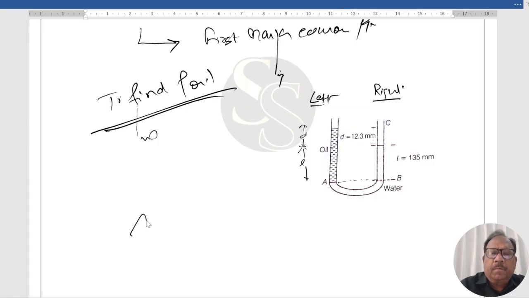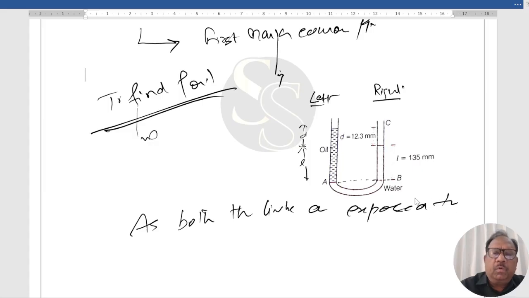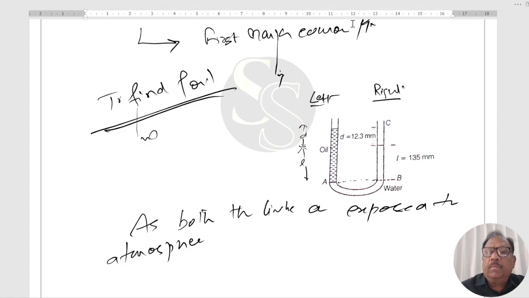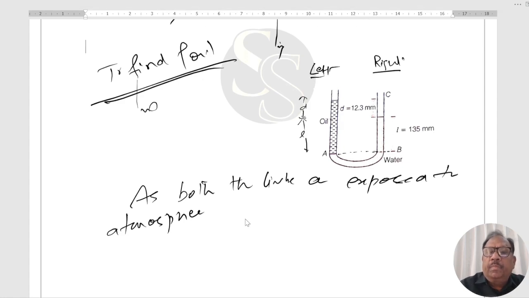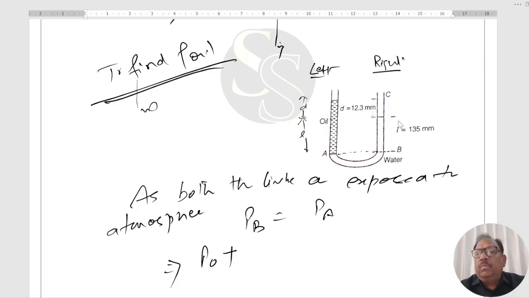Now, as both the limbs are exposed to atmosphere, therefore PB equals PA, that is P naught, atmospheric pressure, plus pressure due to the height column, that is 130 mm.